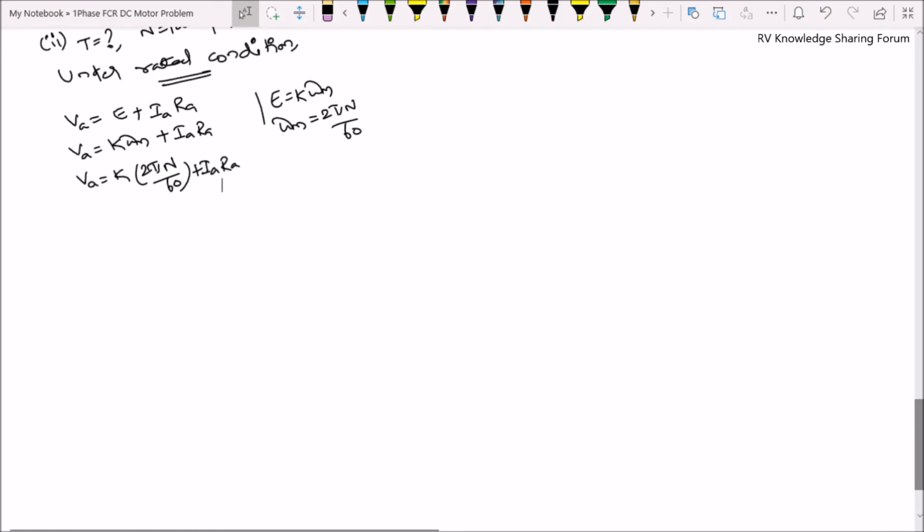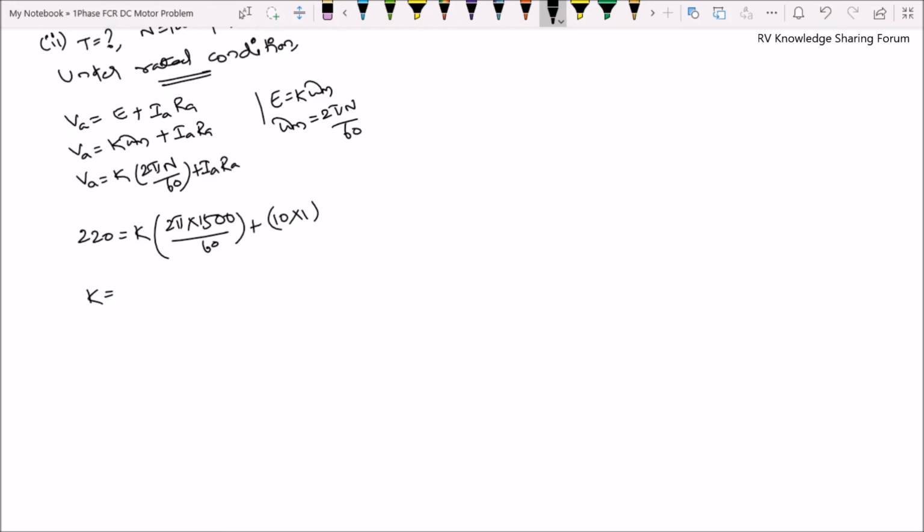Here VA is given in the data as 220, the speed is given as 1500 rpm, so K into 2 pi into 1500 divided by 60, plus our armature current is 10 amps and our armature resistance is 1 ohm.